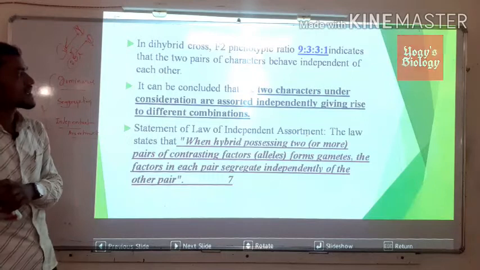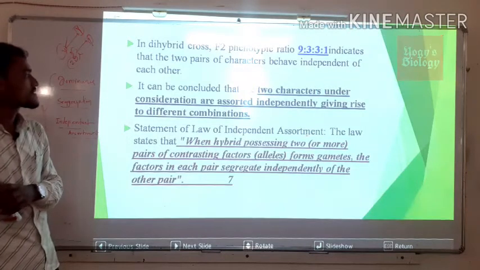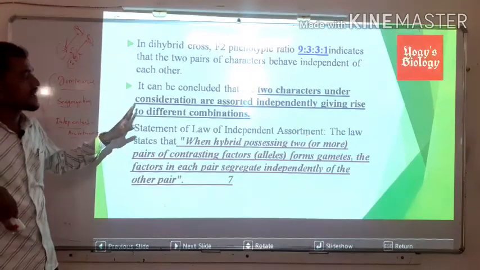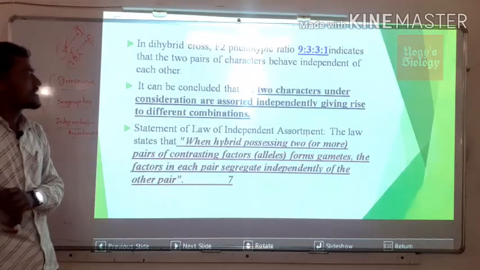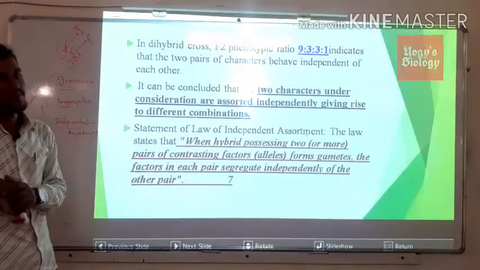It can be concluded that the two characters under consideration are assorted independently, giving rise to different combinations.